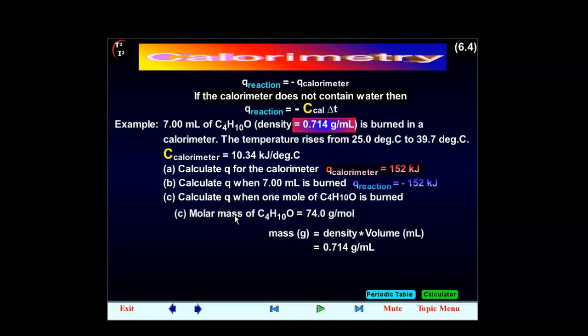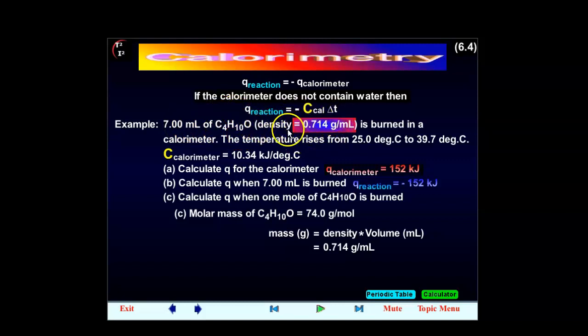Now, here, you need to get your mass of the substance, but you are not given the mass. You are given the volume. The volume was 7 milliliters. But you know the molar mass of this, and you are given the density.